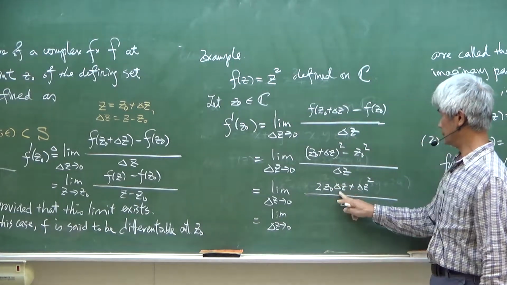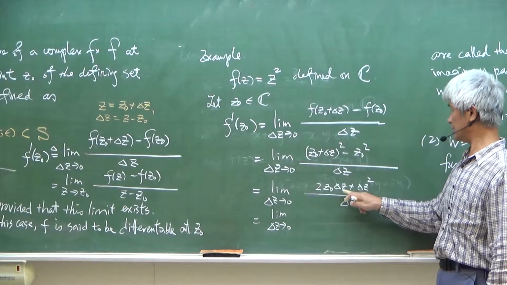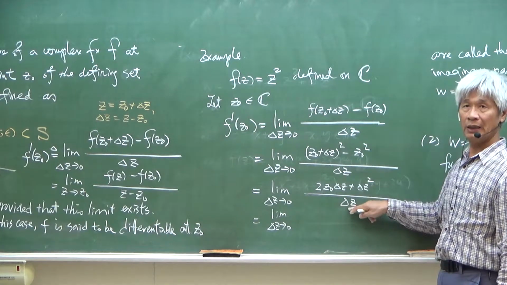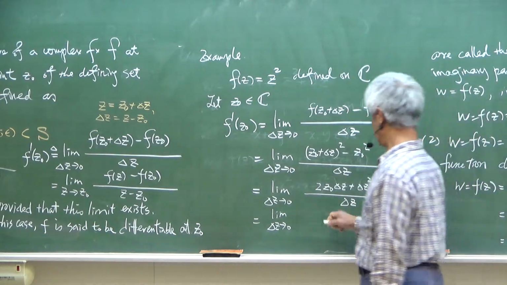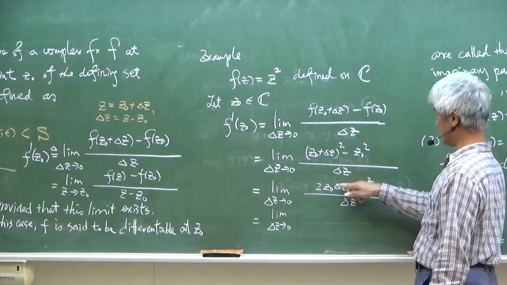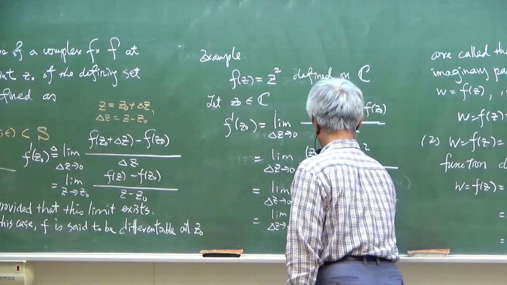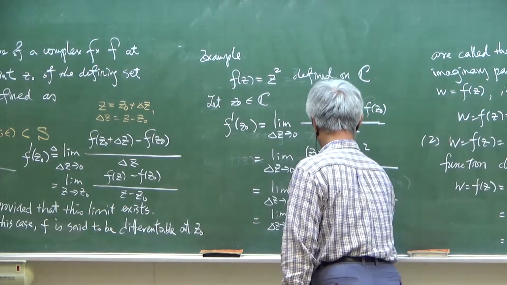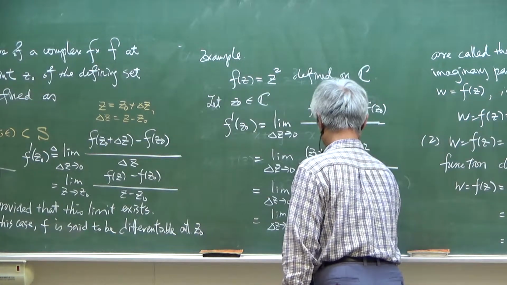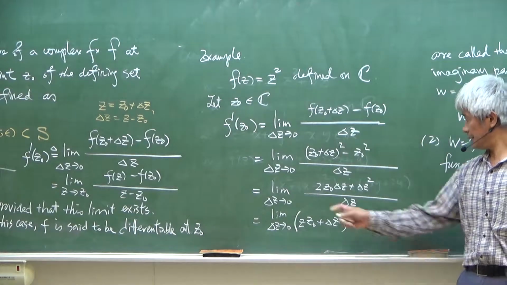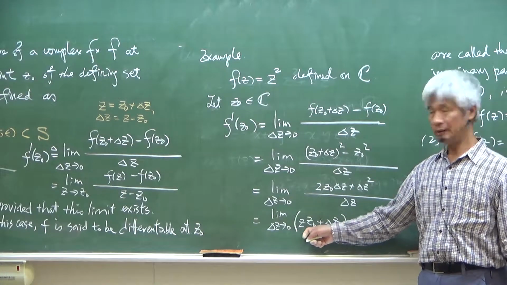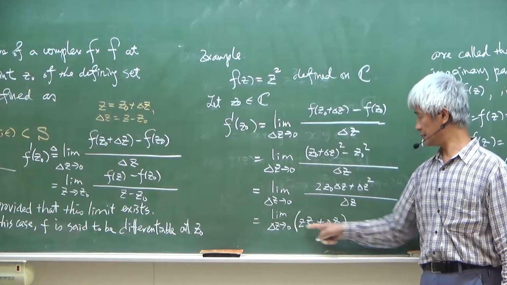Now in the denominator we have a factor delta z, and the numerator has a factor delta z, so it can be cancelled. So we have 2 z0 plus delta z here. And this is a constant, and the second term will go to 0 as delta z goes to 0.